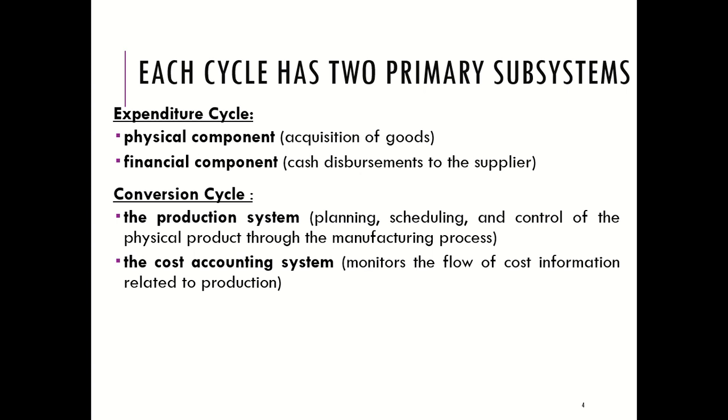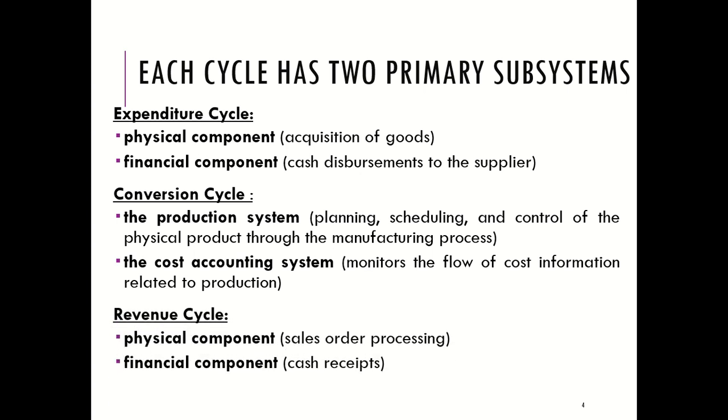So, wag nilang isipin na itong conversion cycle ay yung conversion cost lang na labor at saka factory overhead. It entails already all of the overall production system at saka yung cost accounting systems natin. And then lastly, we have also the revenue cycle na parang same lang with the expenditure cycle, that we have two subsystems.